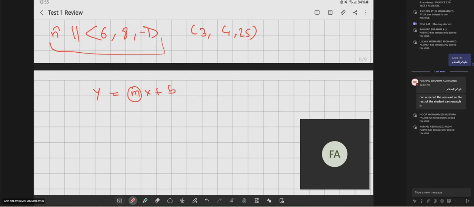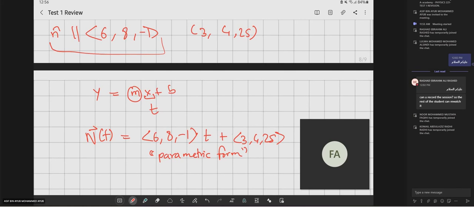Since we're in 3D, we can no longer use x, we'll use t. So I'll write r of t. This is the equation of the normal. So I'll write capital N of t equals 6, 8, minus 1 times t plus 3, 4, 25. This is the equation of a line in parametric form.